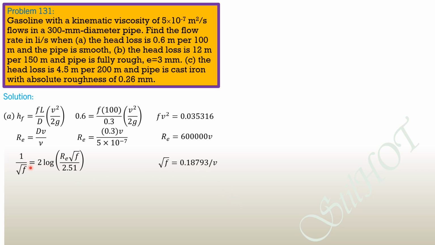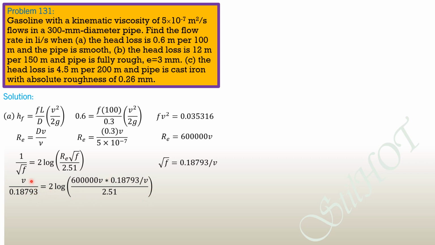So 1 over square root of F becomes V over 0.18793 equals 2 log of quantity Reynolds number 600,000 V, then square root of F is 0.18793 over V. So we can cancel V here. We can evaluate this value, then multiply by 0.18793.